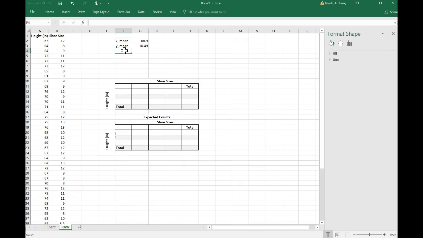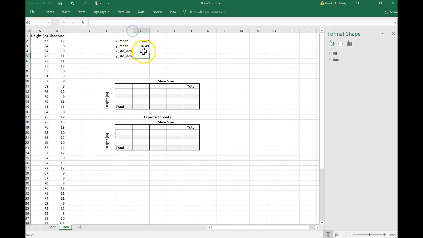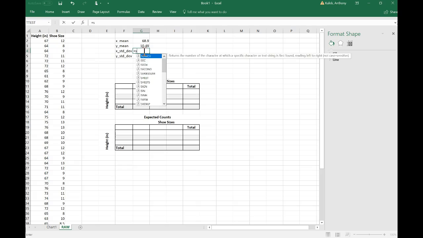Next thing I'm going to do is my standard deviations. So I'll do one for the x's, and then one for the y's. Get a little wider. So I'll do equals.